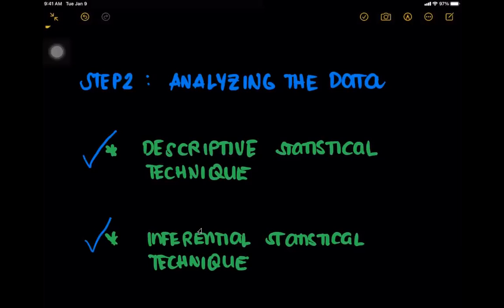However, remember that your descriptive statistical technique does not really give you information about the population where the sample came from. So this is just like an overview, or let's say a preview of the type of data that you have gathered, while your inferential statistics would now make inferences, and that would lead us to more conclusions.